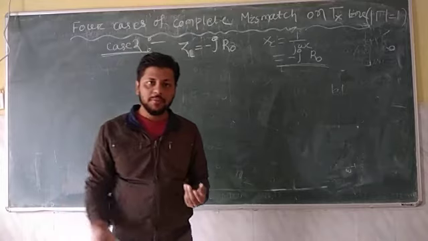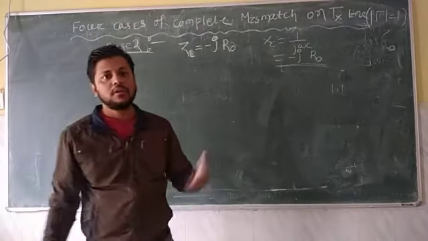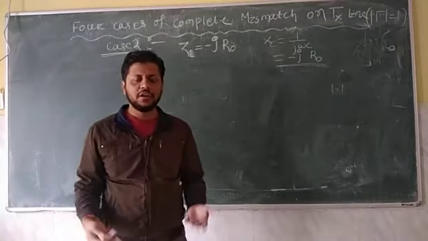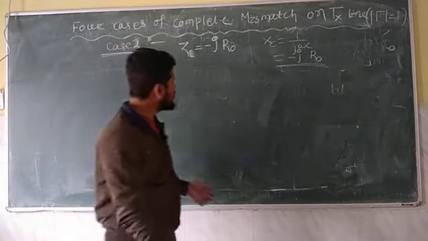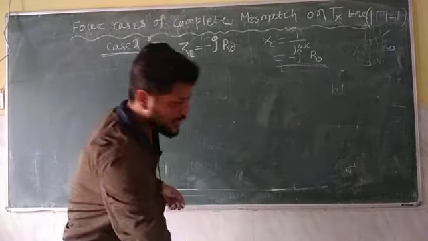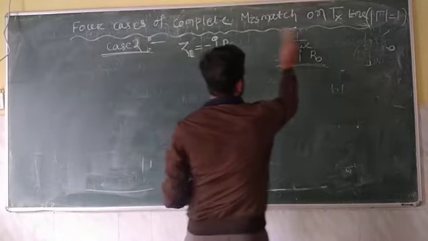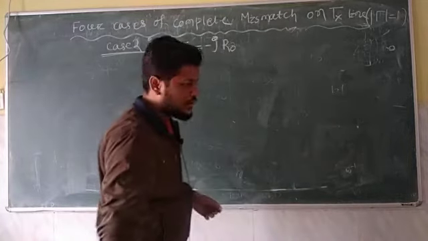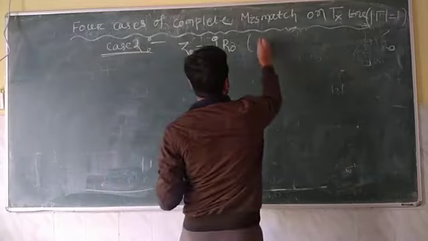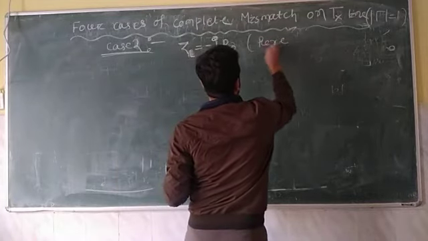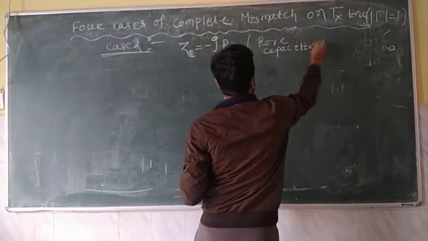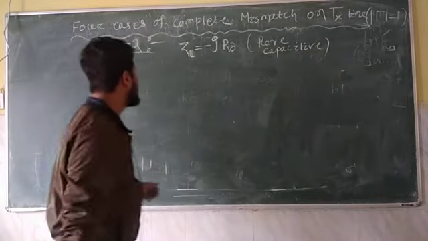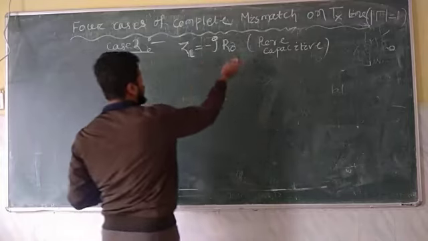Plus J50 means inductive; minus J50 or minus J70 or minus J something is a capacitive load. So this is a pure capacitive load. So ZL is equal to minus JR0.